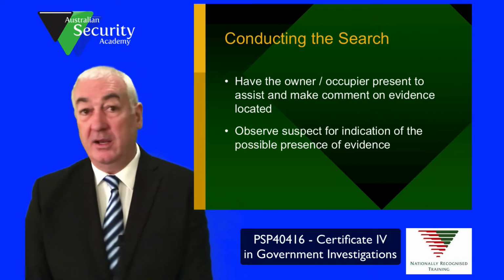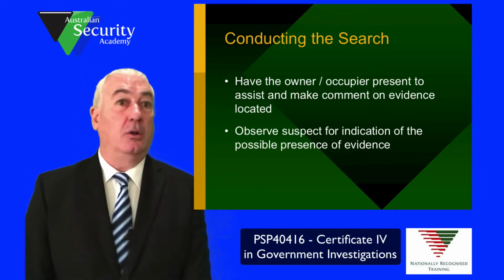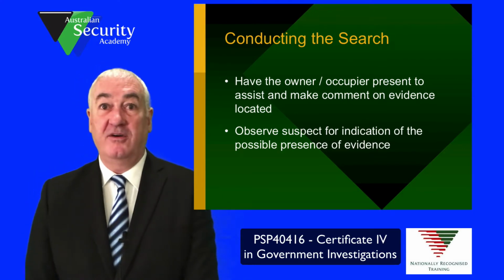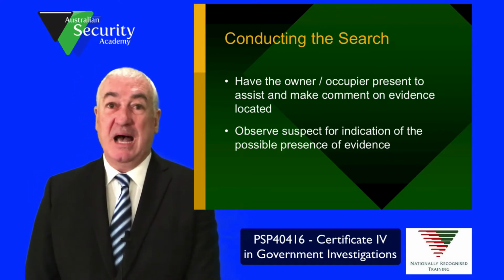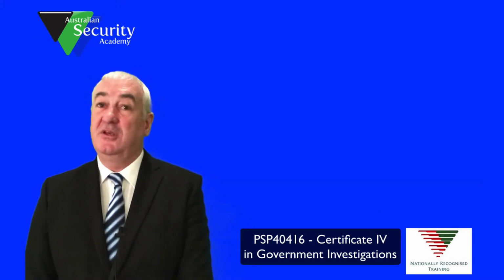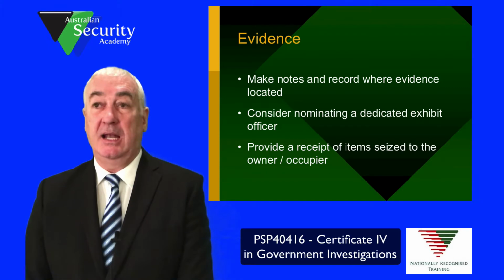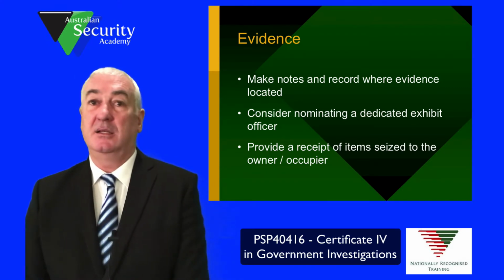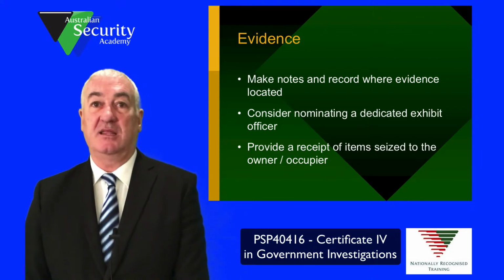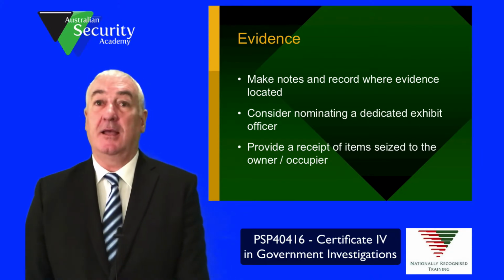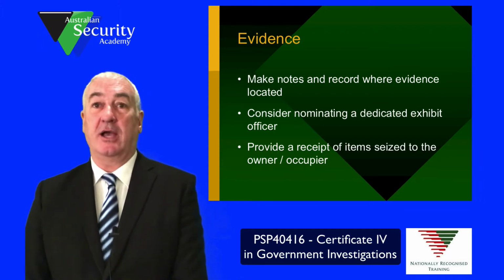Then when I go around and meet back at the door, I'll look at the second half of the room above the middle, and then lastly, the roof will be the area that you search. After you've searched, I usually get another team member to search the room again, just in case you may have missed anything. Have the owner or occupier present to assist and make comments on the evidence that's located.